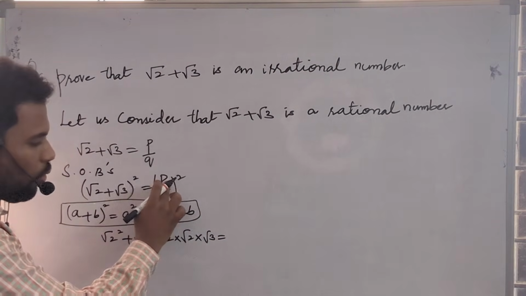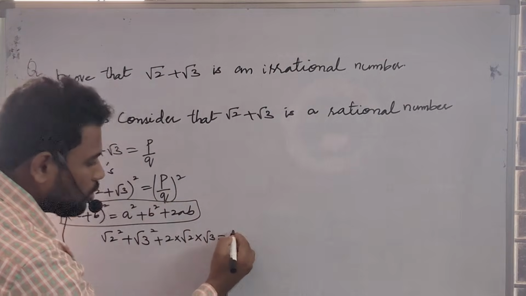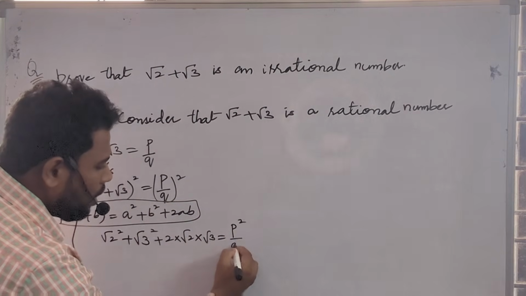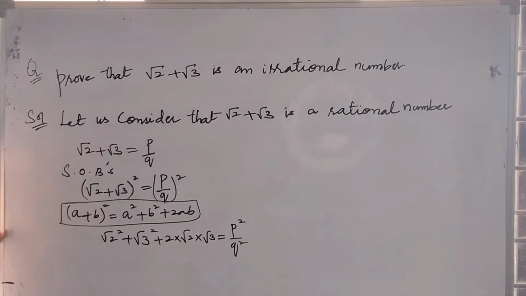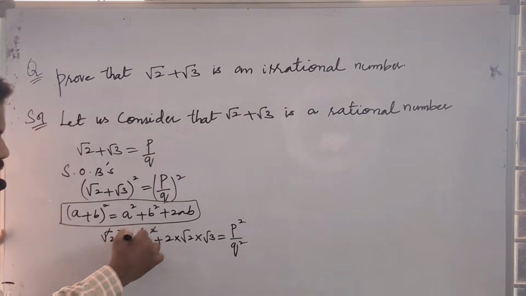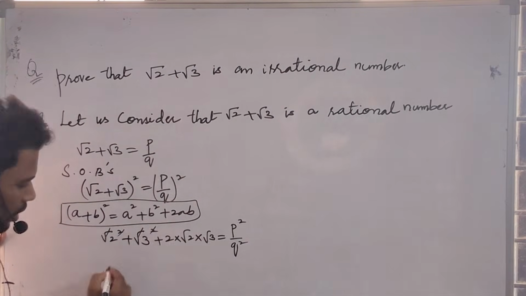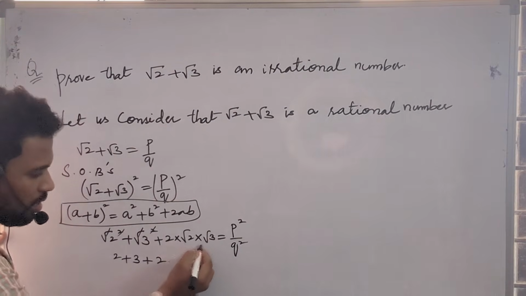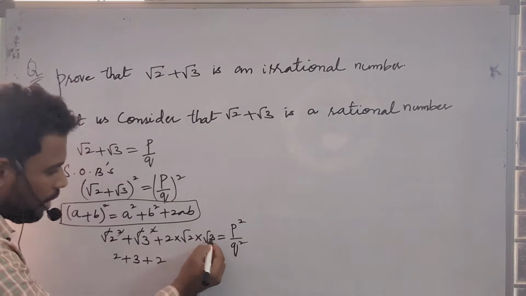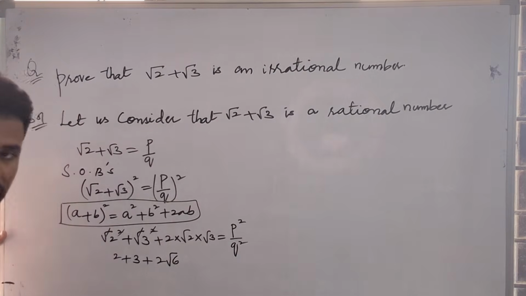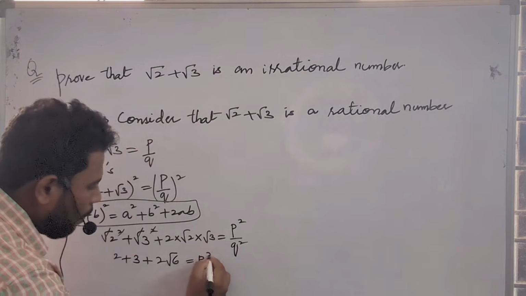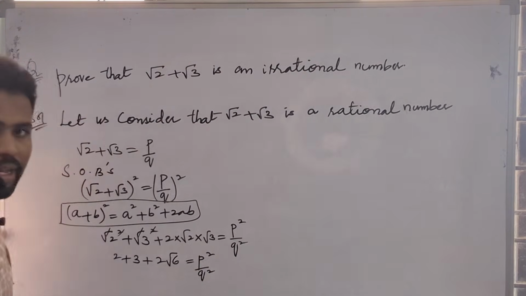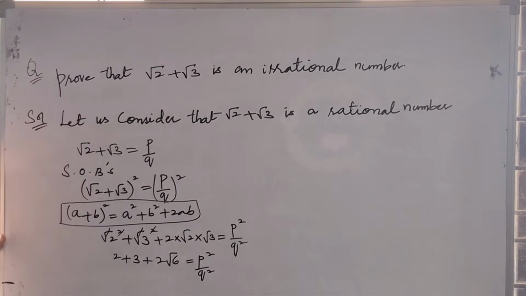The square is with both p and q, so I am writing it separately as p square by q square. Now the square root got cancelled. What are we left with? 2 plus 3 plus 2 into, just multiply these two roots, root 2 into root 3 is root 6, which equals p square by q square.